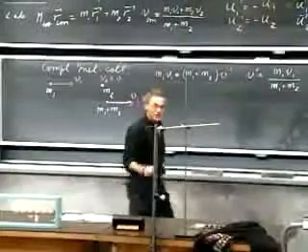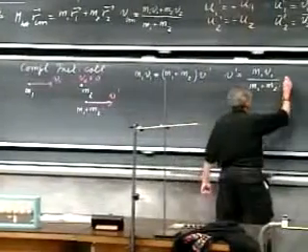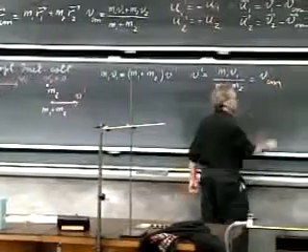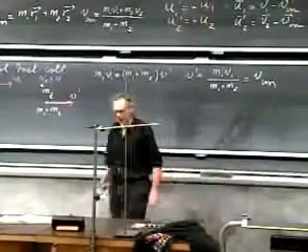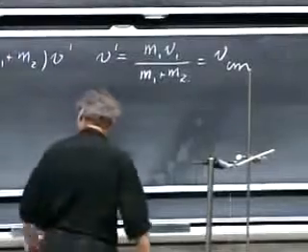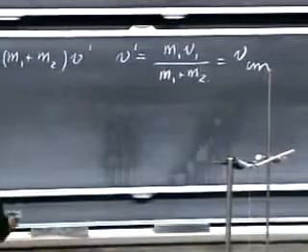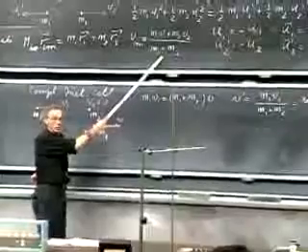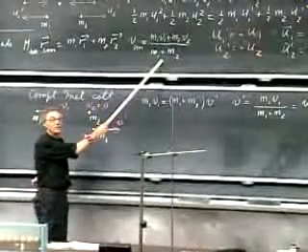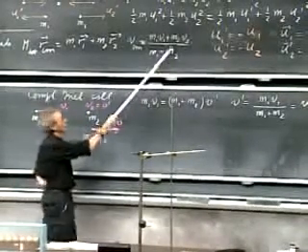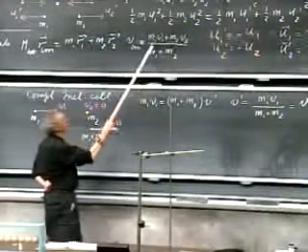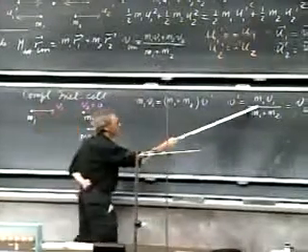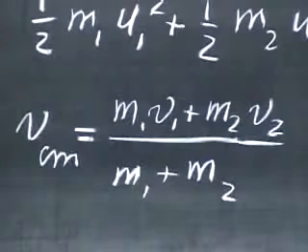This, by the way, which is not so obvious, is also the velocity of the center of mass. And how can I see that so quickly? Well, what was the velocity of the center of mass? Here you have it. This was in general, not for the case that v2 was 0. Make v2 0, and you see exactly the same result. So this must be the velocity of the center of mass.